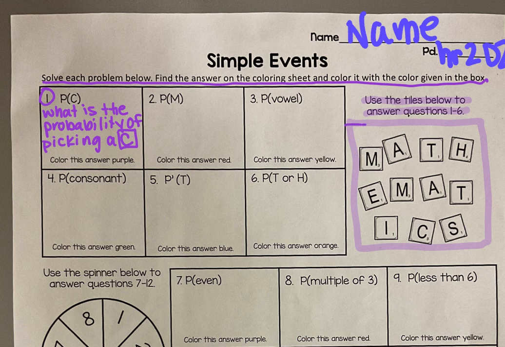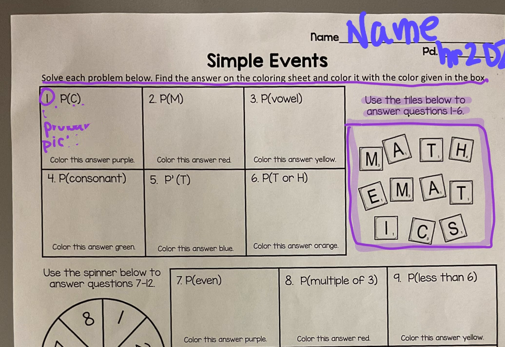So we go back over to this box and we count how many C's are in there. So count how many C's are in the word mathematics, because if you put that all together, it says mathematics. And I am just seeing 1 C. So you want C over total.